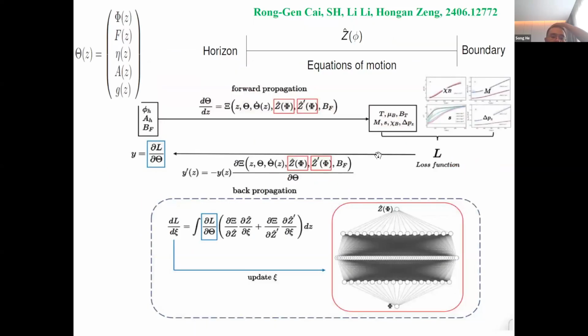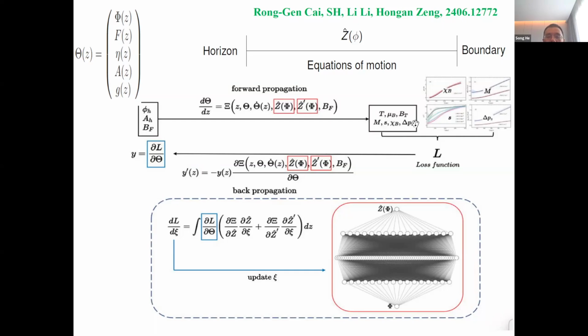Because this is a second order ordinary differential equation, we can rewrite it as a fourth order phase differential equation. We solve this Einstein equation coupled with the matter field, starting from the horizon to the boundary, and then work out mu B and the magnetic field, for example entropy and pressure, etc.